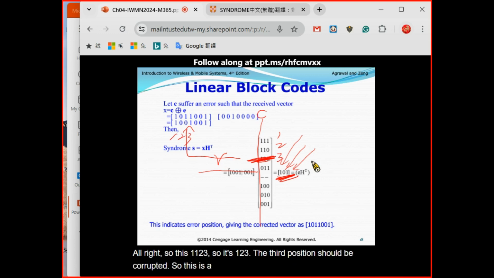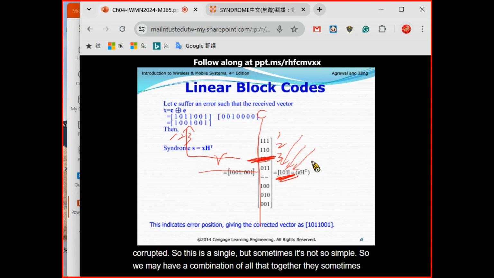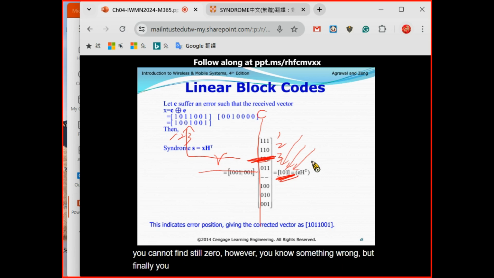But sometimes, sorry, it's not so simple. We may have a combination of flipped bits put together, and then sometimes you cannot find it. Still 0. You know something is wrong, but finally you cannot see anything wrong because you get 0 back. This time it's the simple case, of course, a single bit error, and the single bit error gives us the indication.